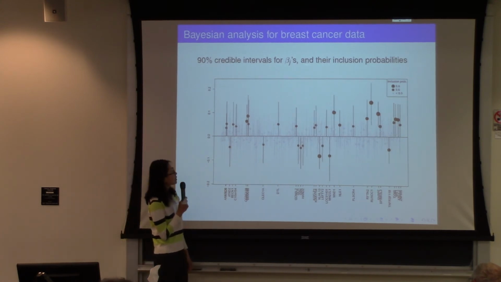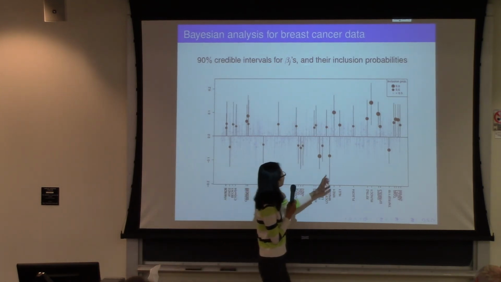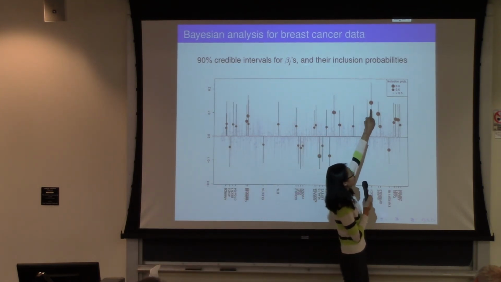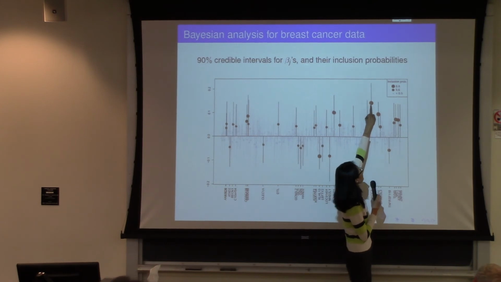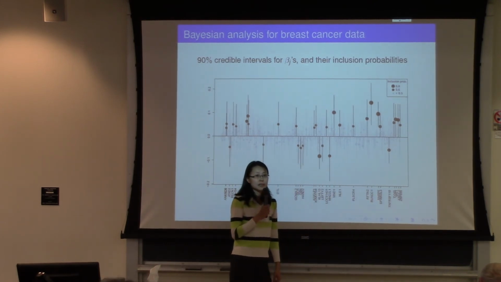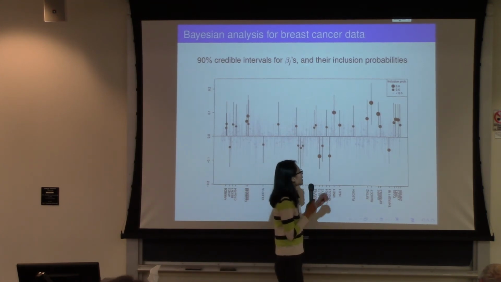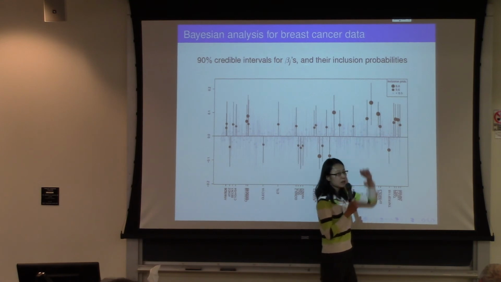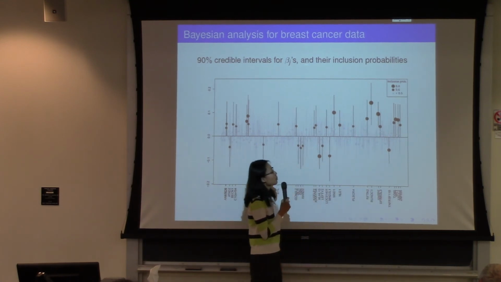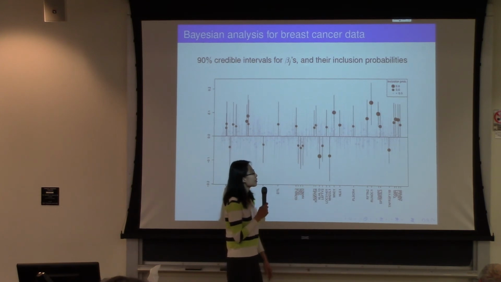For each of them, for example this one, the center of the circle represents the posterior mean of beta j, and the size of the circle represents the posterior inclusion probability, that is, the probability of gamma j given y.